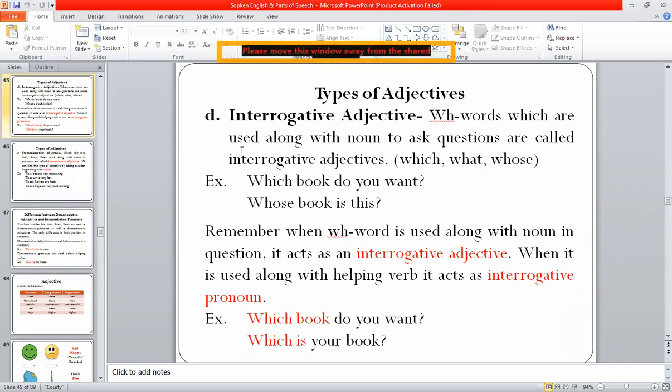The difference is the position of the WH word, where it is used. When an interrogative word comes before the noun, it is called an interrogative adjective, and when a WH word comes before the auxiliary verb, it is called an interrogative pronoun. This is the difference between the two.